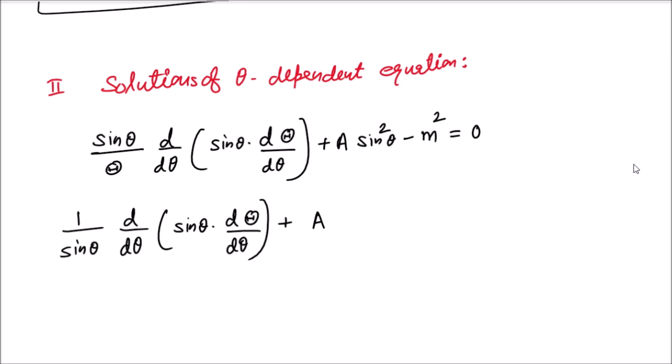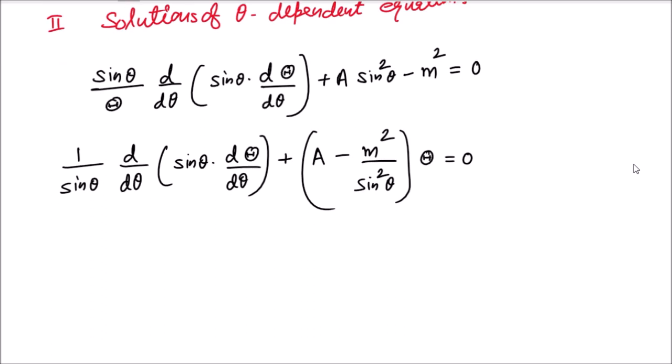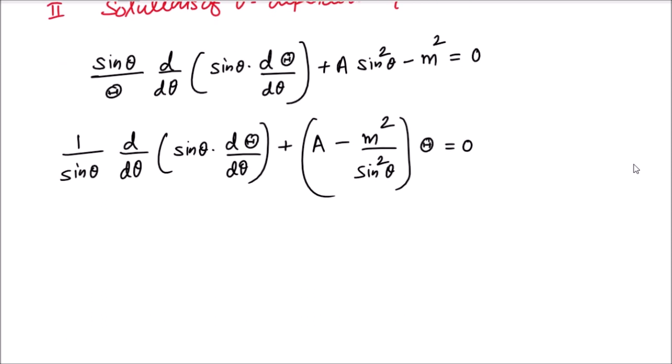We have multiplied the whole equation by theta and divided it by sin square theta to make the equation the same as earlier. So a minus m square over sin square theta into the function equals 0. So we can express the wave function as depending on cos theta rather than on theta itself. Okay. We make it like that.